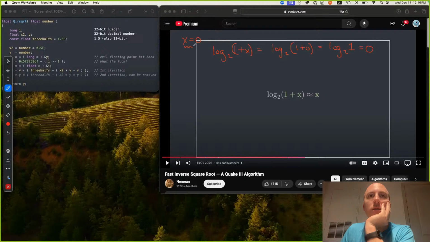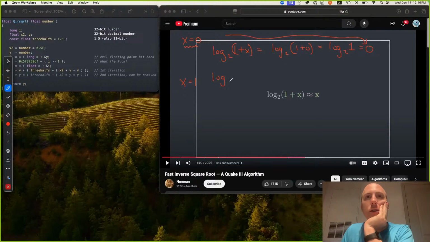So we plugged in x equal to 0 and we got 0 out exactly. And then when x is equal to 1, we plug this in and we get it back.